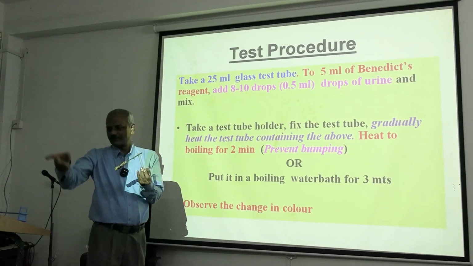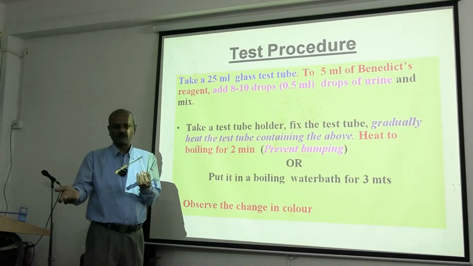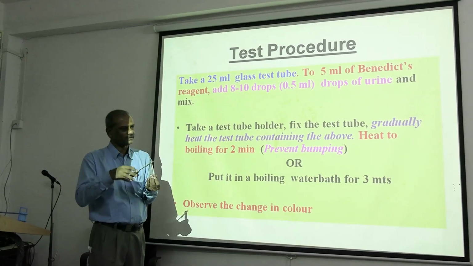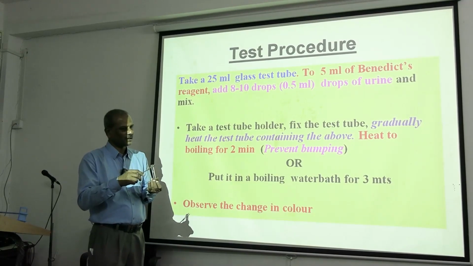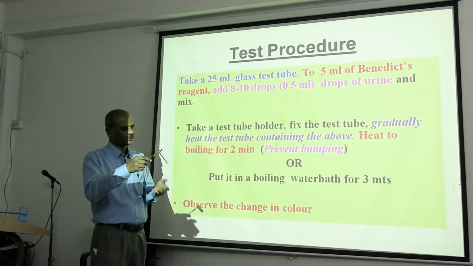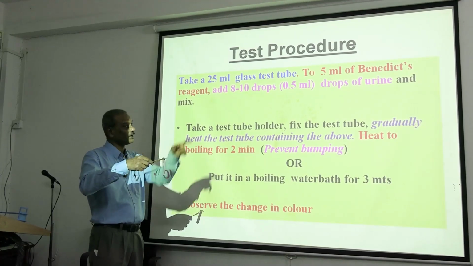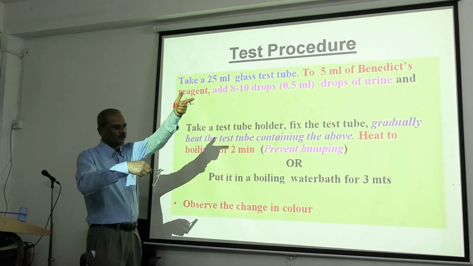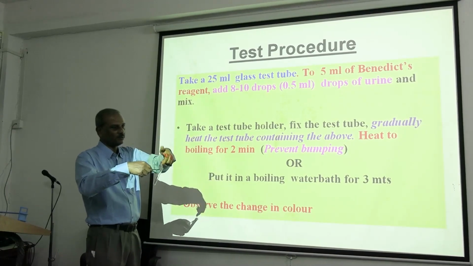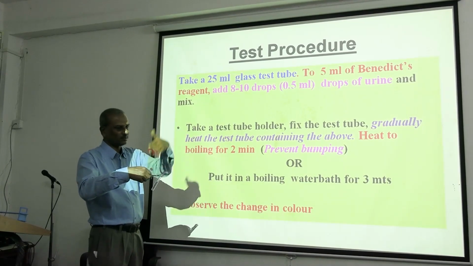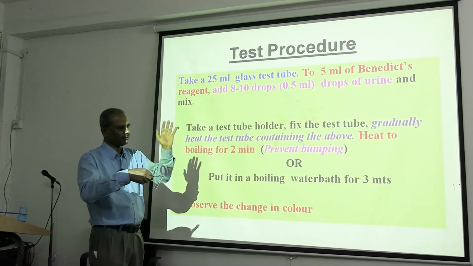So there will be bumping, and that might cause injury to your face or your friend's face. That is highly undesirable, so it has to be moved very carefully. You have to practice it and see whether somebody is in front of the test tube, because if by chance it bumps, there is splashing of liquid, which ought not to happen.